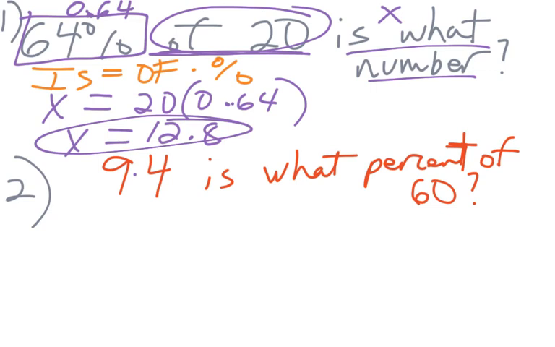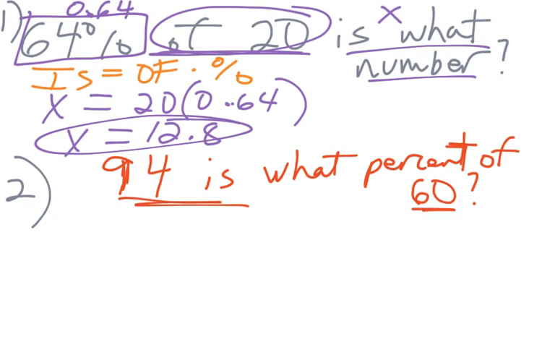94, that's not a decimal there, just a random dot. 94 is what percent of 60? Now, if you're really good with percents and good at mathematics, you might actually see something in this problem. I'll actually tell you right now. It says 94 is what percent of 60? Well, see how the is number is bigger than the of number?